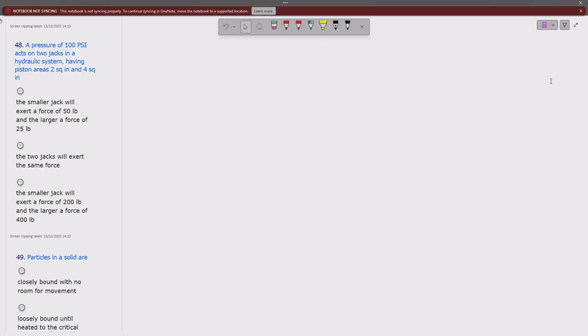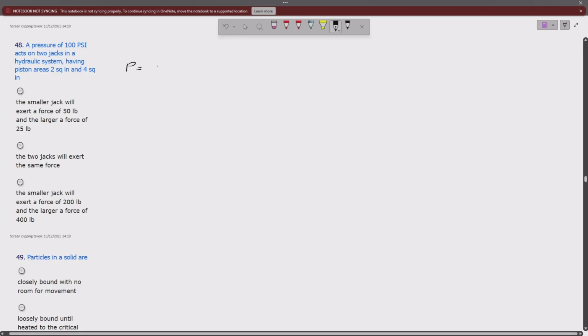(48) A pressure of 100 psi acts on two jacks in a hydraulic system having piston areas of 2 square inch and 4 square inch. So we know our pressure P equals force over area.